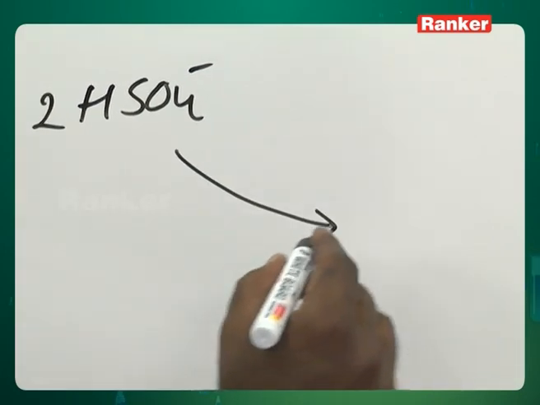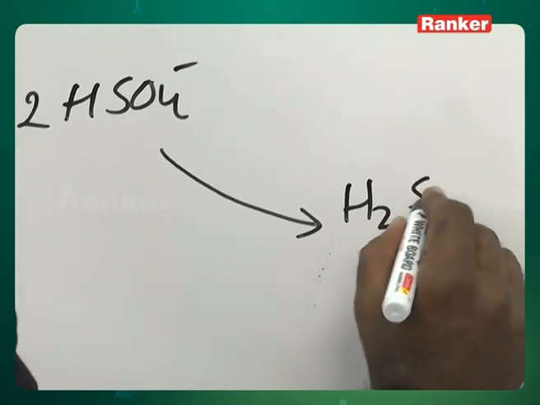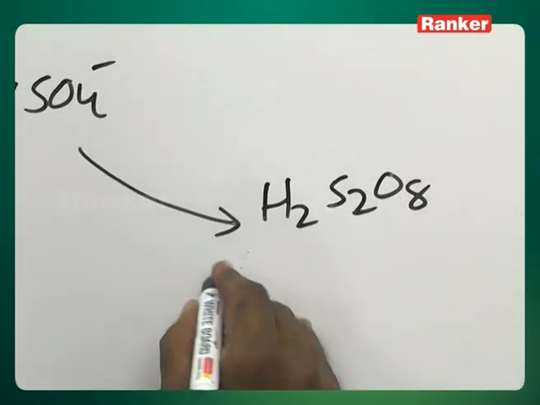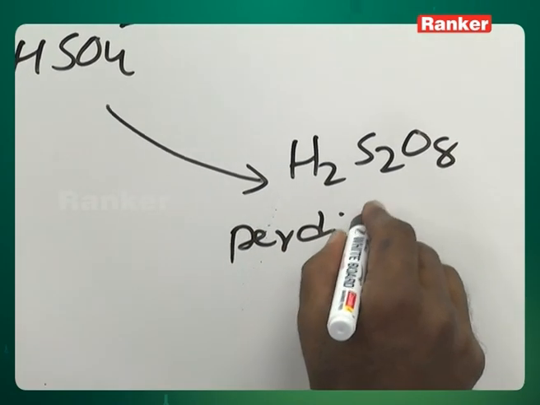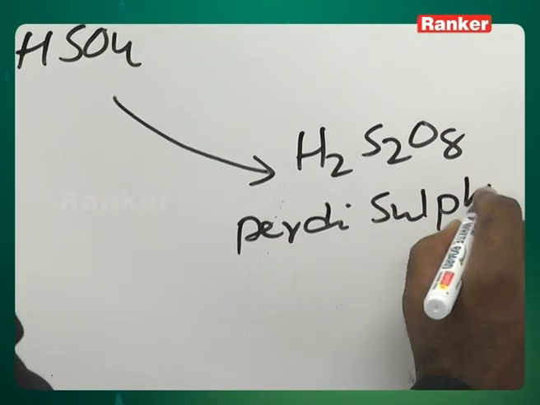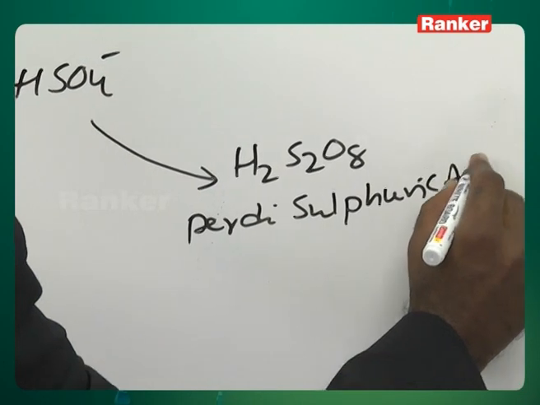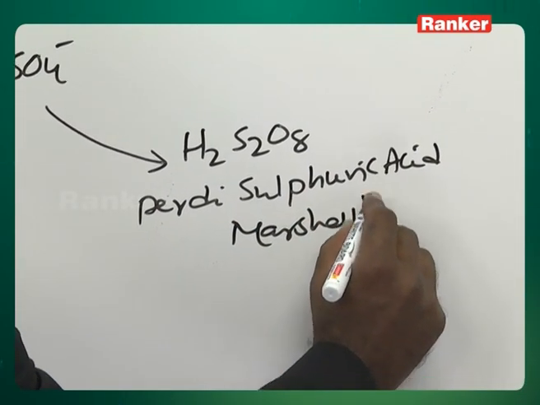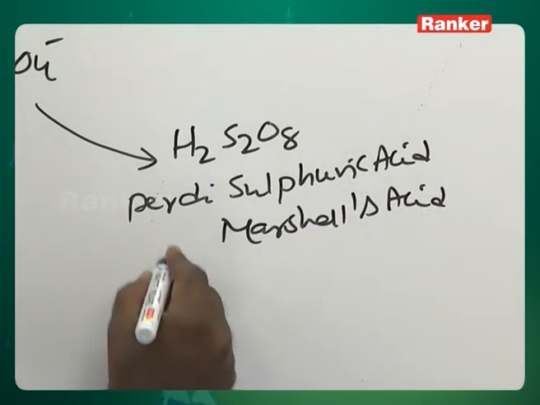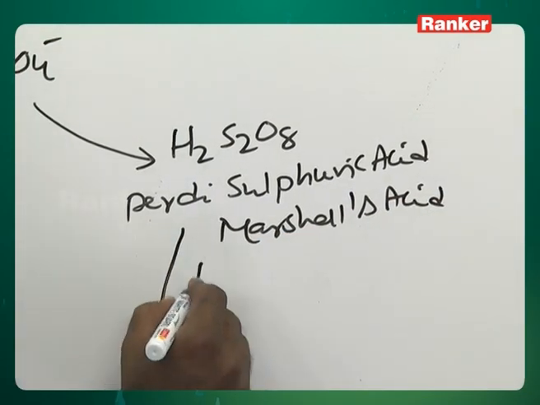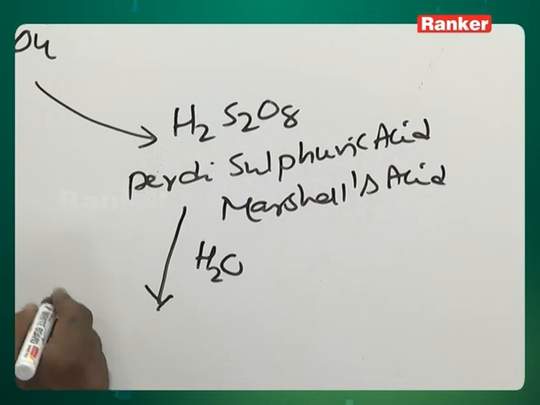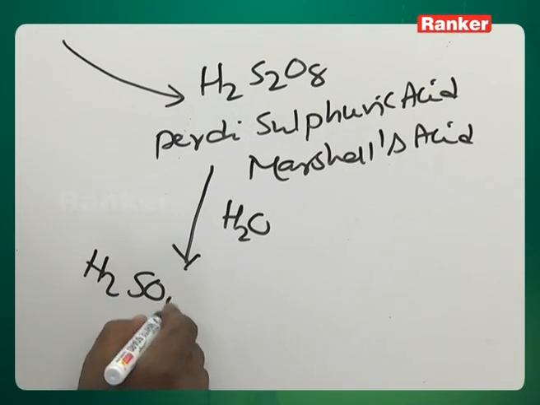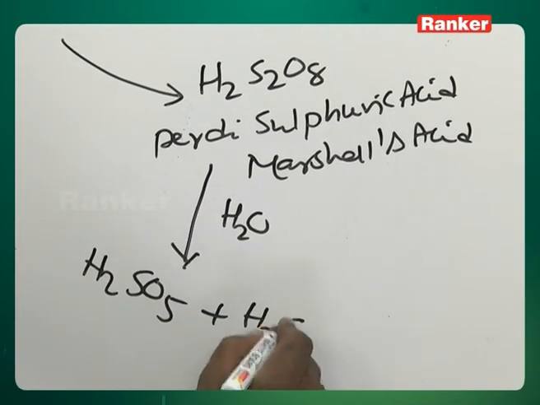And it will become H2S2O8, which is called per-disulfuric acid. Per-disulfuric acid, also called Marshall's acid. Names not necessary. And when you add water to this H2S2O8, you get H2SO5 and H2SO4.